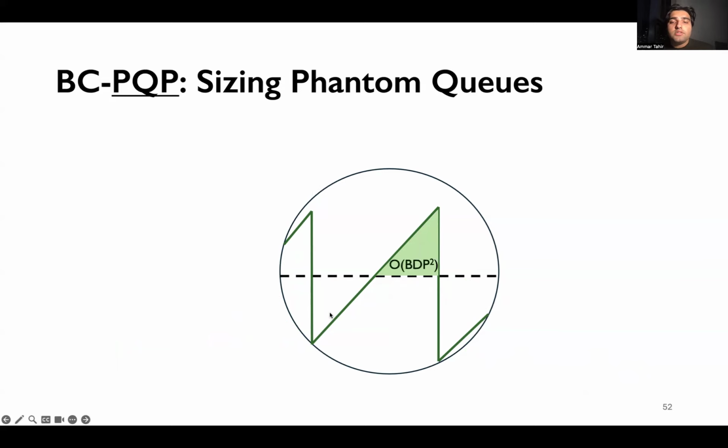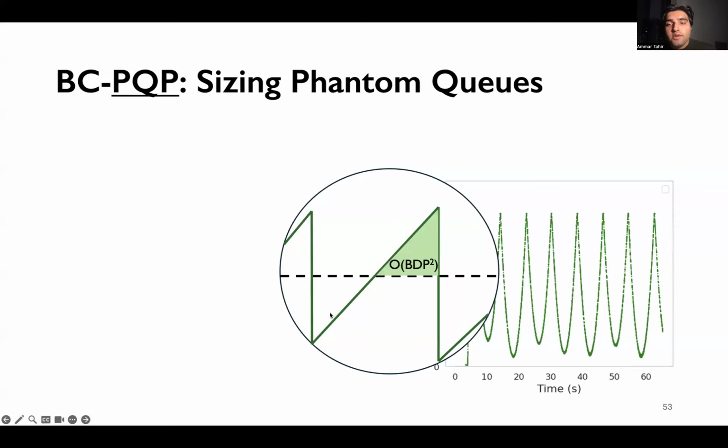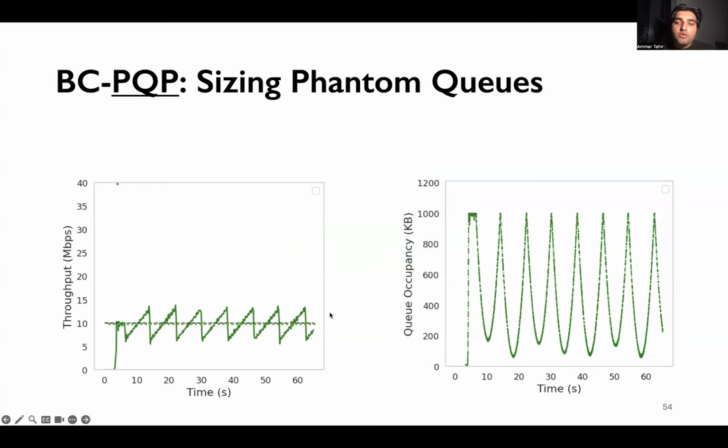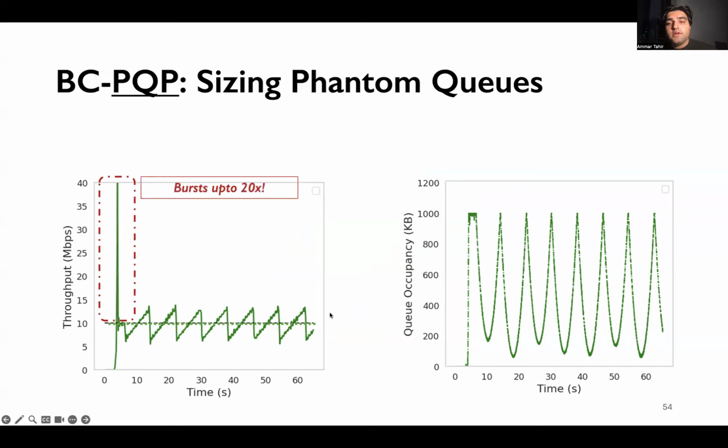And once we do the calculation, this comes out to be on the order of the square of BDP, in contrast to BDP-sized queues for shapers. And indeed, when we size phantom queues this way, we see that phantom queue occupancy is not going to zero, and that results in correct rate enforcement on average. But this comes at the cost of enormous bursts, sometimes up to 20 times larger than the enforced rate.